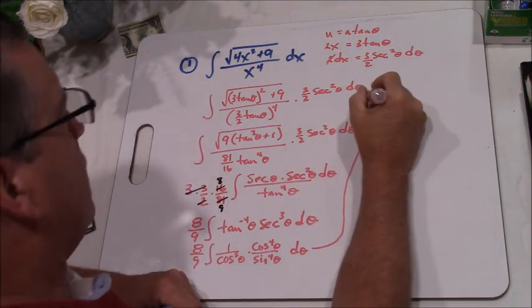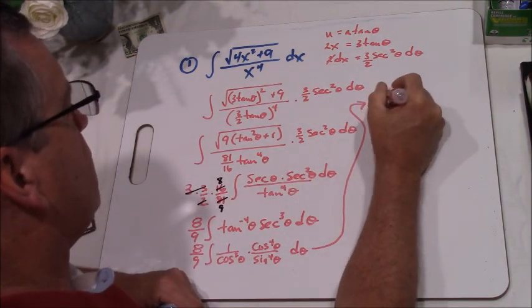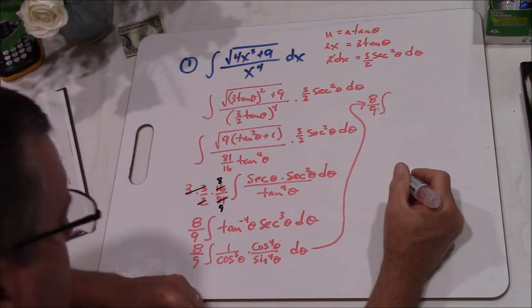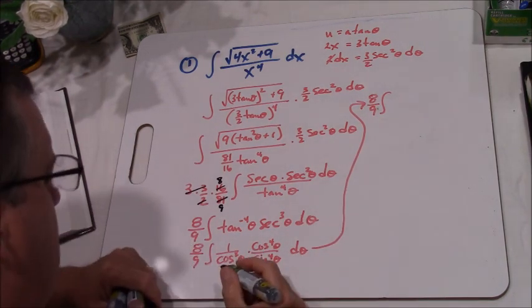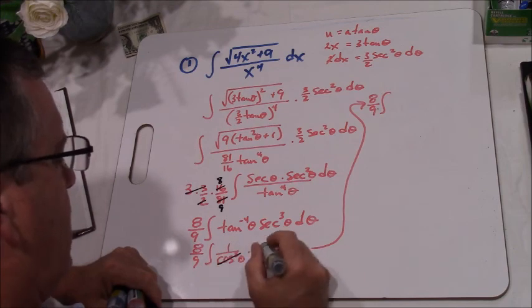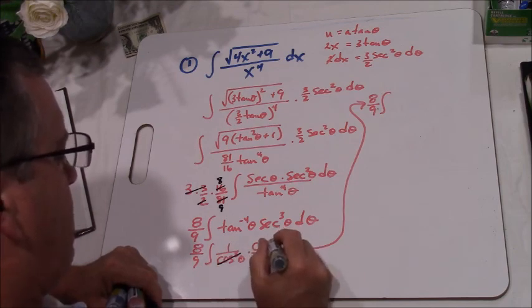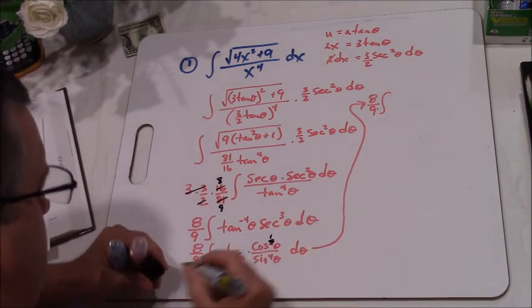And so now what I get is 8/9 times the integral of, let's see, 3 of these would cancel with 3 of these, so I'd still have 1 there.